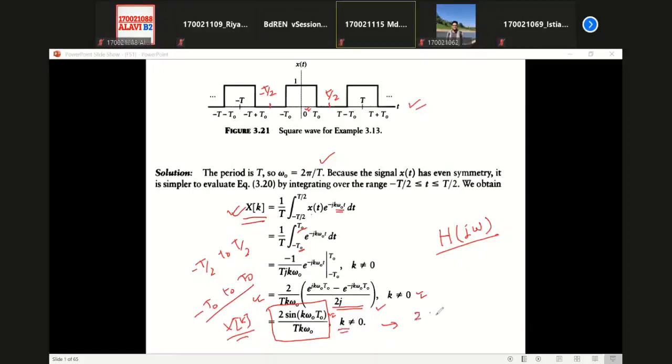2 omega 0 T0 into cosine k omega 0 T0, and your denominator will be equal to T omega 0. Then you put k equal to 0 there. Then it will be equal to what? 2. It will be equal to 2.